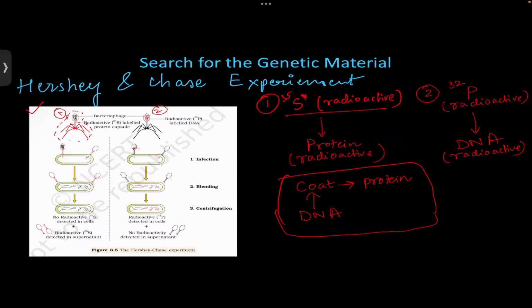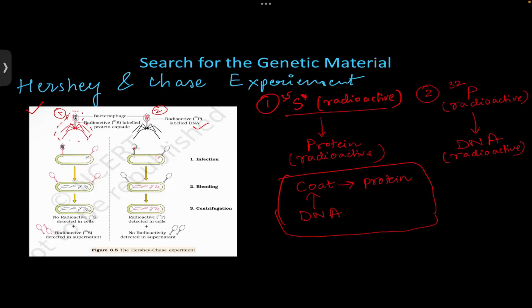But in the second group, the genetic material is radioactive. That is, DNA is radioactive because of the integration of the radioactive phosphorus. So they labeled both DNA and protein separately in two groups of bacteriophages, using radioactive isotopes.